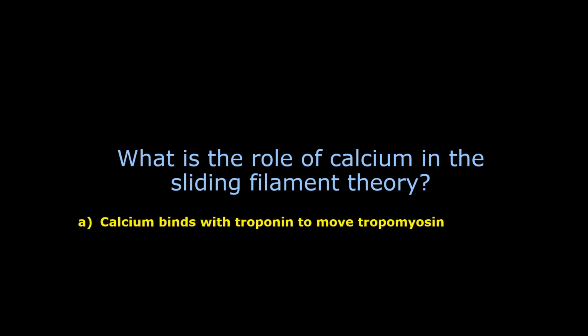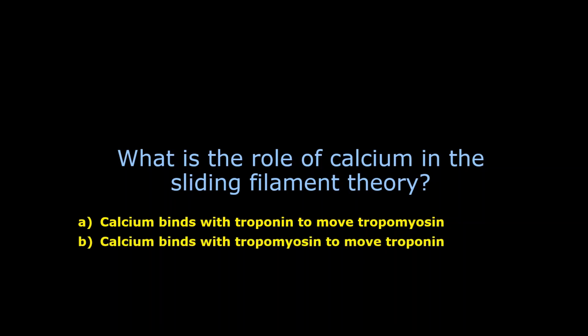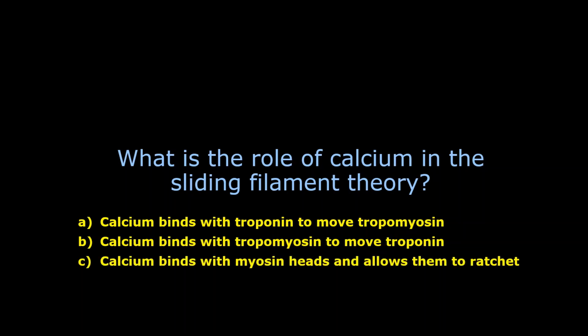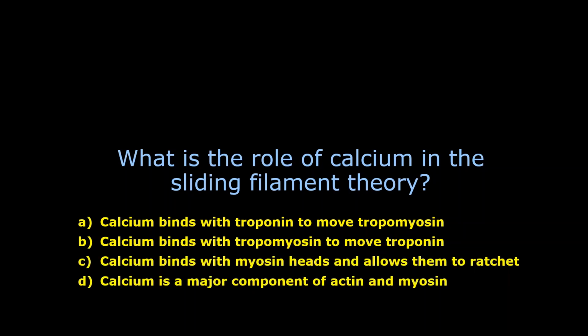Let's see if we can find an answer that looks like that. Calcium binds with troponin to move tropomyosin. Perfect. Calcium binds with tropomyosin to move troponin. No, that's backwards. Calcium binds with myosin. No, it does not. Calcium is a major component of actin and myosin. No, it is not. So we started off with the winner right away.